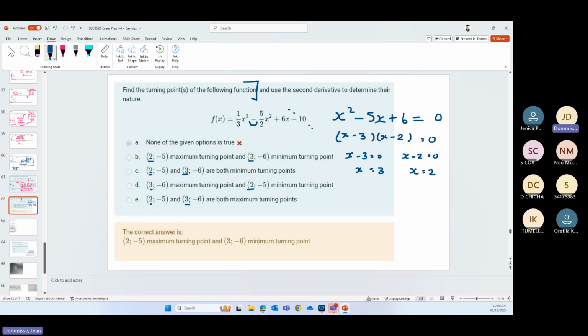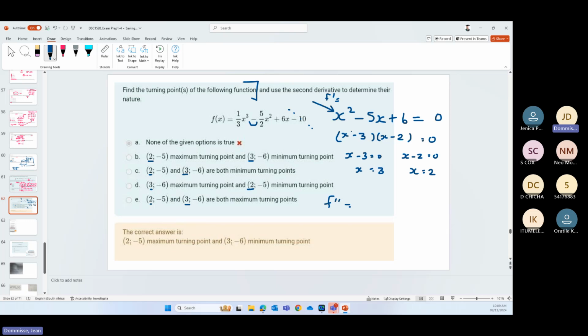Second derivative is when we now derive this further. So this was the first derivative that we took, so let's do the second derivative.